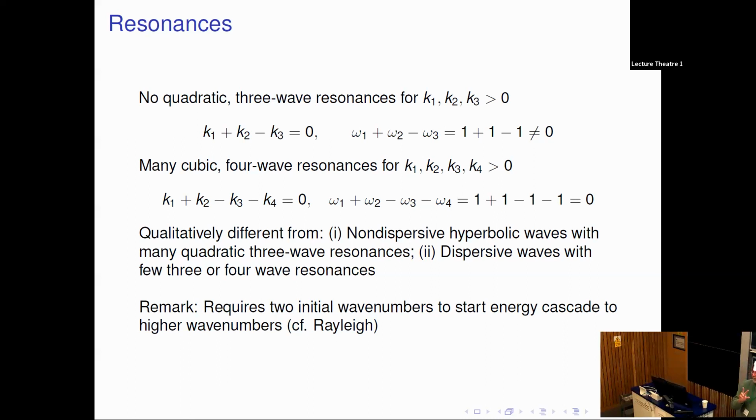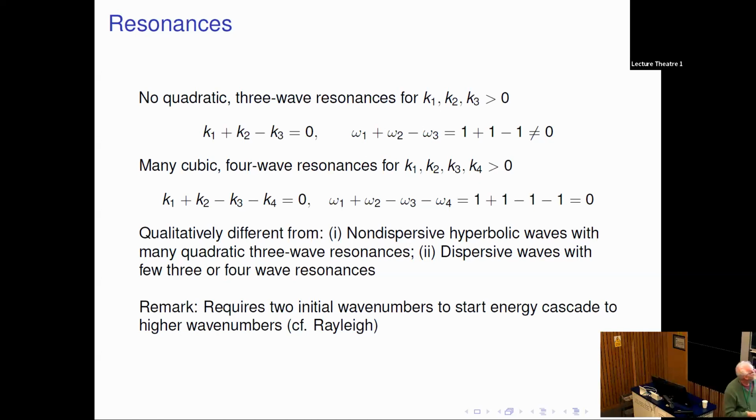He also had constant frequency modes in his problem, but there was also a 0 frequency mode, and so his 0 frequency mode could interact with 2 non-zero frequency modes. But here it's just the pure non-zero frequency modes. So unlike the Burgers type non-dispersive hyperbolic case, there are no three-wave resonances, no quadratic effects.